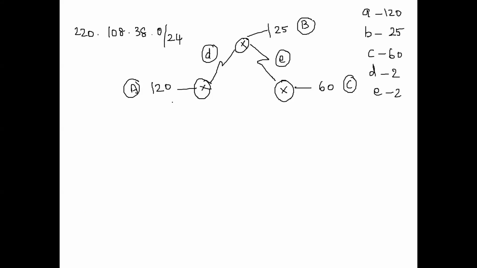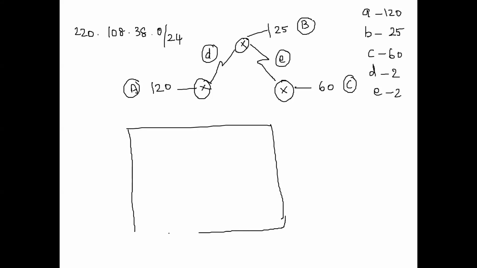220.108.38.0/24. It's again a class C IP. So let us use the box method, which is the entire box. Now, what is the maximum requirement? It is 120. So in order to address the maximum requirement, obviously we have to borrow one bit.